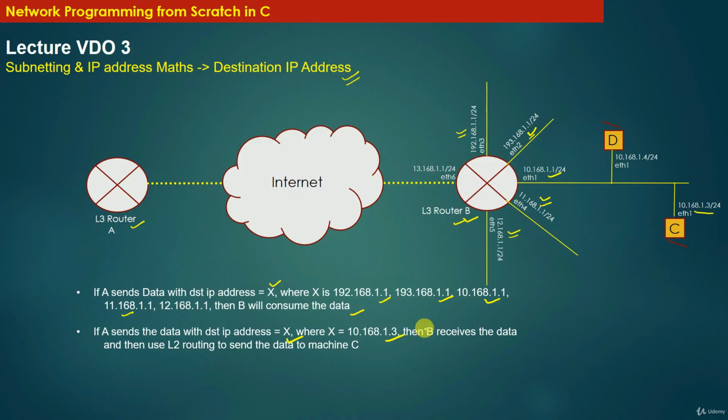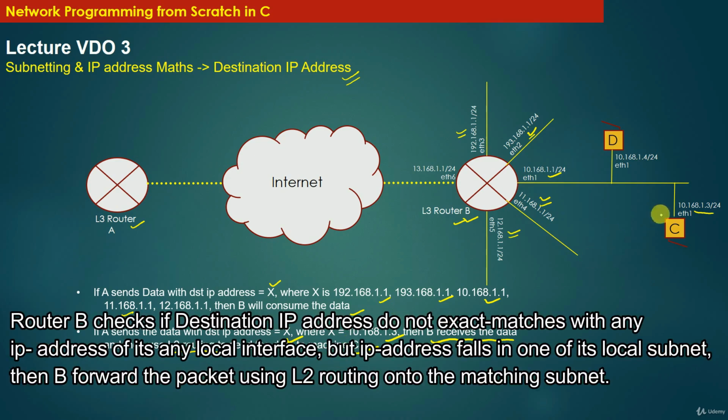So in this scenario, the L3 router B is going to receive the data, but it will not consume the data. Rather, router B will use L2 routing to further send the data to the machine C, right?